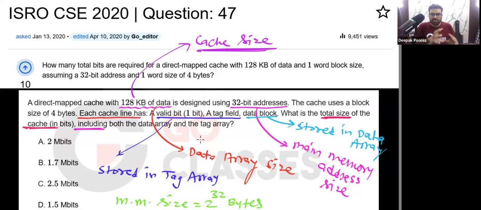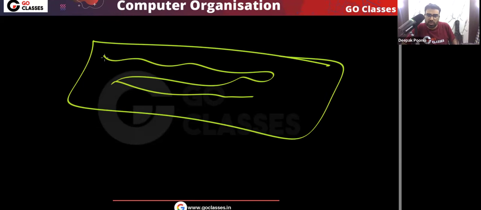One more thing, if they ask you total cache memory size, but they do not mention this line, then also remember total cache memory size is equal to data array size only. But in this question, they are explicitly saying that we want to include the tag array size also. So again, if the question explicitly says to find the cache memory size including the tag directory size, then only you need to consider the tag directory size.